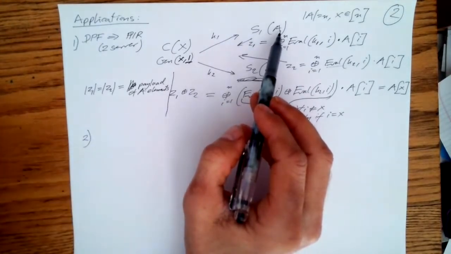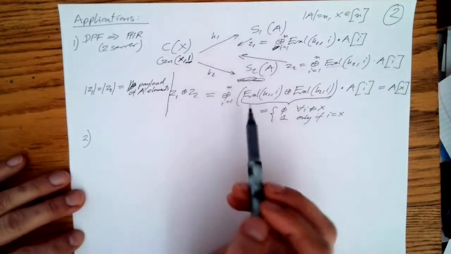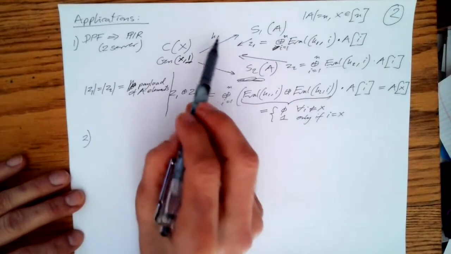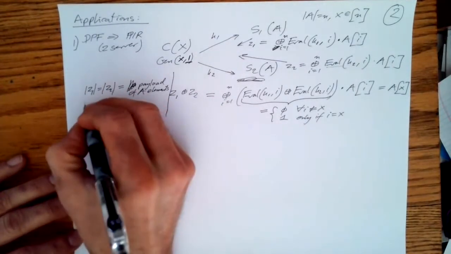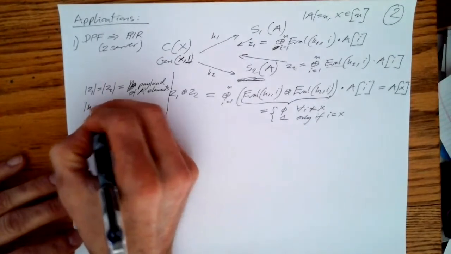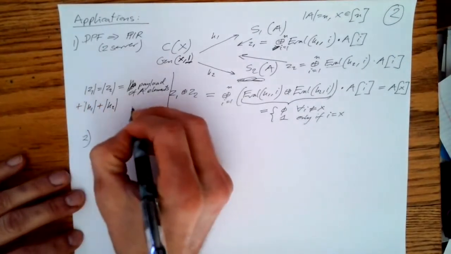So that's the minimum bandwidth, times 2, but that's okay. But you also add the length of these two keys.